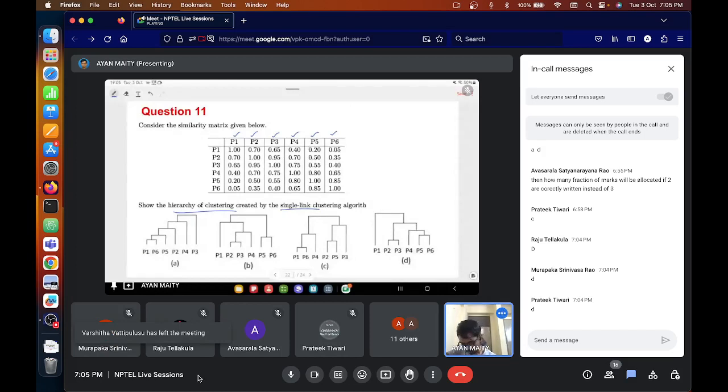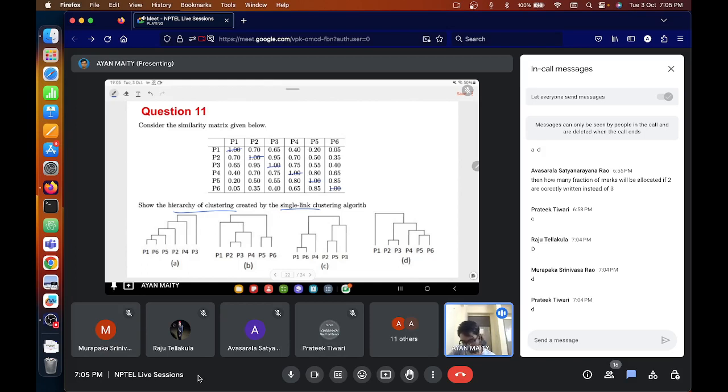As it is a similarity matrix, it is not a distance matrix of the points. In every iteration you have to find the pair of points for which the similarity value is highest among all the pairs. First you have to ignore the diagonal elements, because the similarity between P1 and P1 would obviously be 1, and between P2 and P2 would obviously be 1.